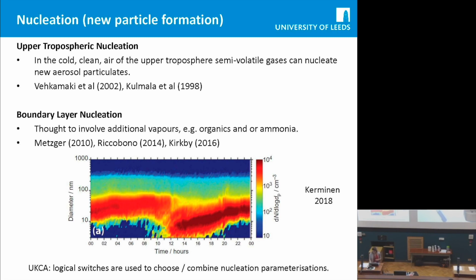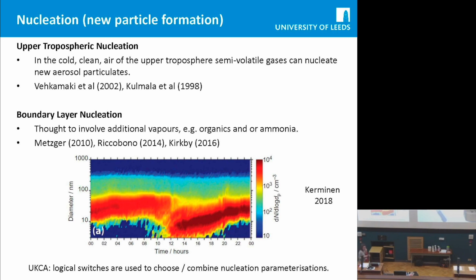What this chart at the bottom is showing is, over time, at a particular location, the diameter of particles on the y-axis, and the concentration of particles at that size indicated by the colour. It shows that over time we're seeing a burst of particles coming in at a small size and then growing to larger sizes. So they're essentially being created and then growing to a larger size.